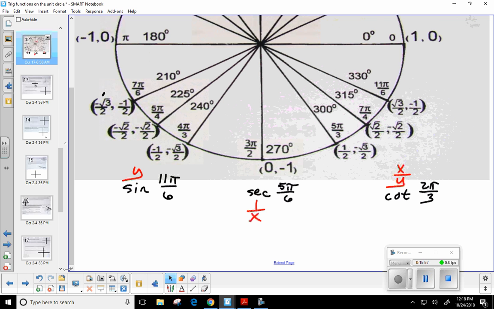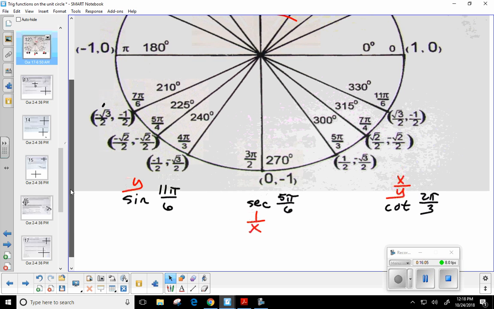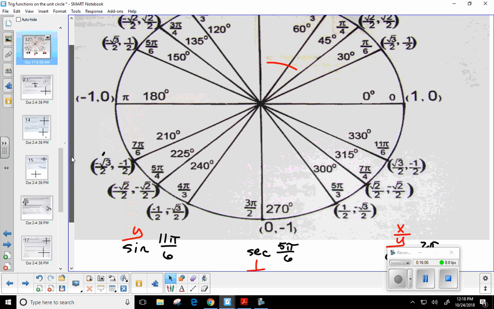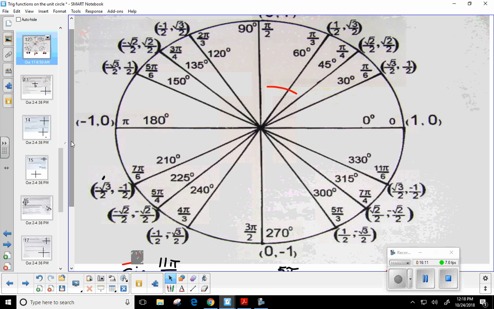Yes, sir. Oh, okay. Let me, if you're having trouble seeing that, let me go back up to the top here. Okay, there we go. And that reminds me, Brandon M had been asking me about those unit circles. I did get those copied today, so let me pass those out.